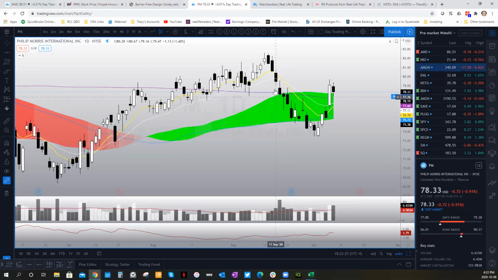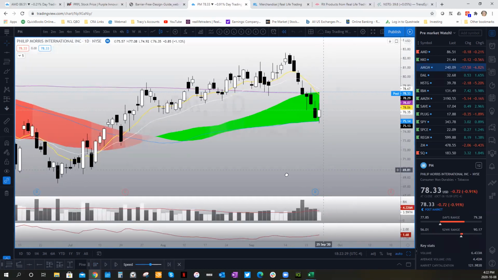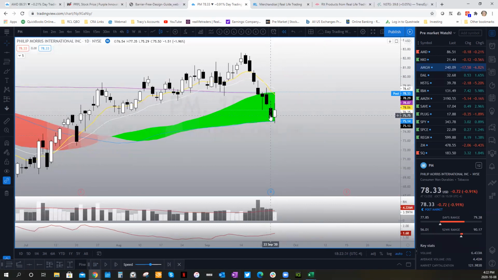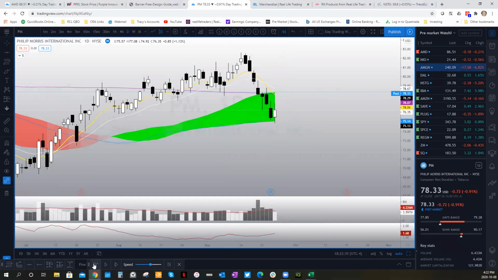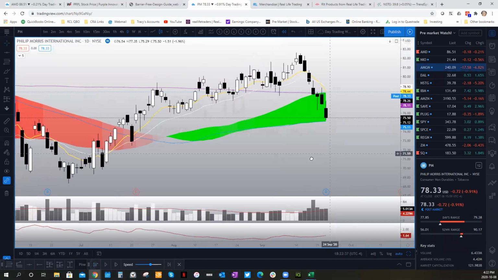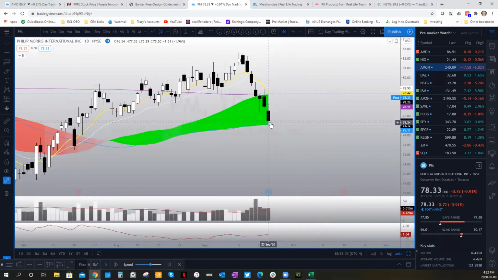We'll do PM on this day. So this one here, if we go back one more day, when I was looking at this gap, it was gapping down again after 1, 2, 3, 4, 5, 6, 7 days. So I basically told myself, this is a lot of bearish movement.